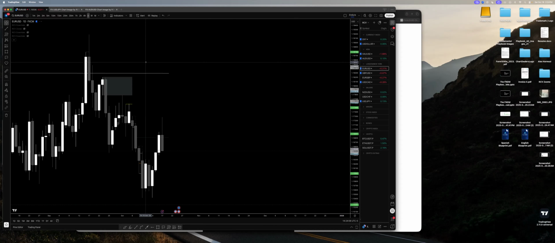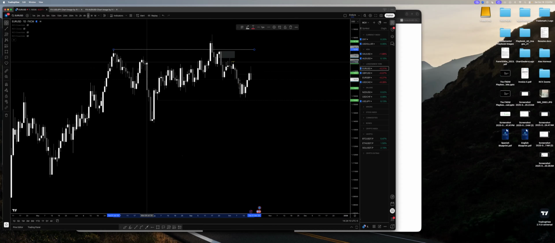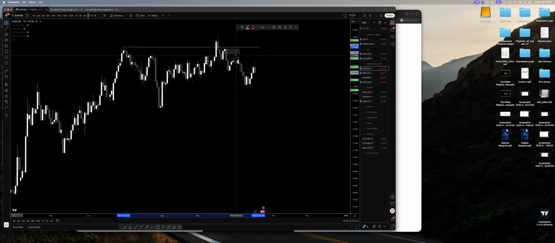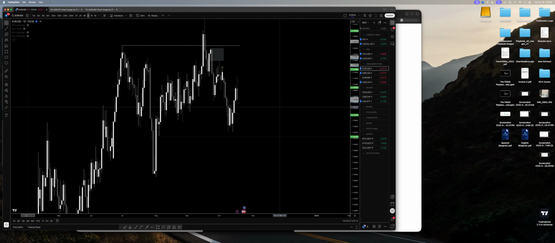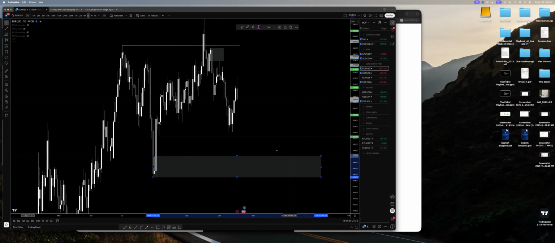If we're looking at Euro USD, we've already rejected this previous high, we've already reacted from right here. If we have maybe a type of divergence where dollar goes up, but EU goes down, I don't want to see this go too far. I don't want to see this POI be topped.